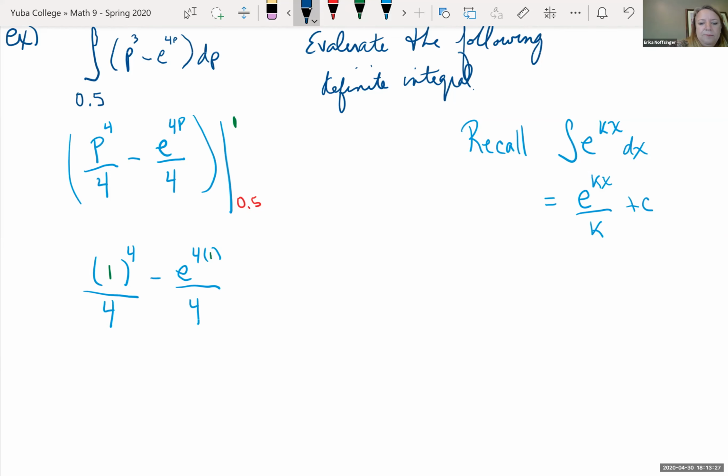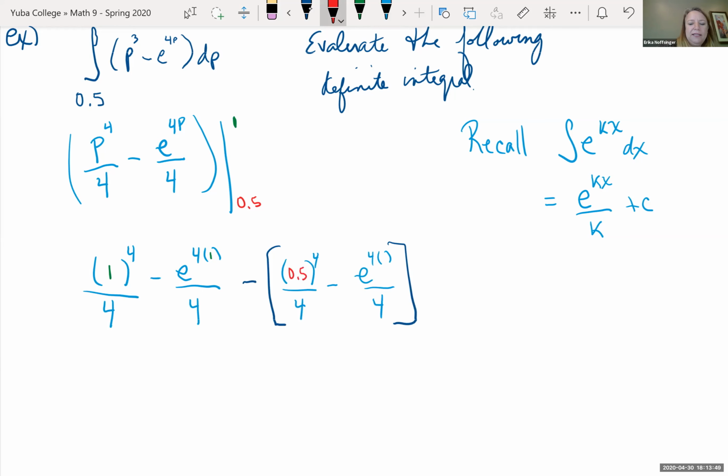Minus, we need brackets. Now plug in 0.5 wherever you see a p. So you have 0.5 raised to the 4th divided by 4 minus e raised to the 4 times 0.5, all divided by 4.